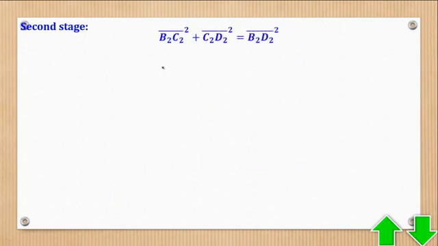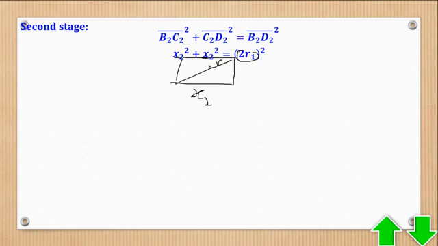Let's start with Pythagoras' theorem, where B2C2 squared plus C2D2 squared is equal to B2D2 squared. I've used x2 to denote the side of the second square, and this is the diagonal of that square. Remember we said it is 2r. That's why there is 2r1.